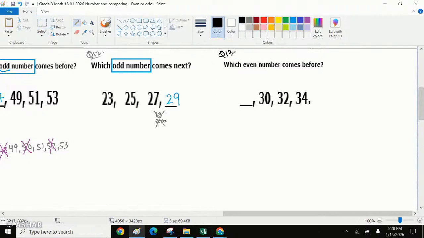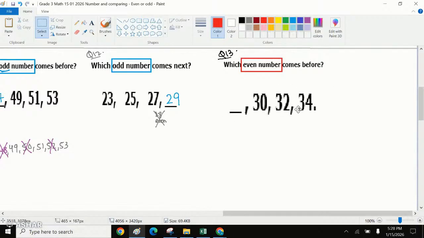Question number 13: which even number comes before 30?